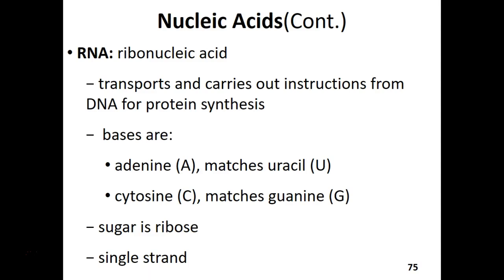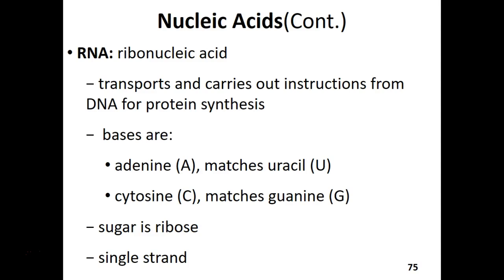Ribonucleic acid is made up of RNA monomers: adenine, uracil, cytosine, and guanine. RNA is single-stranded and it has the sugar ribose. RNA is what carries out the job of DNA.